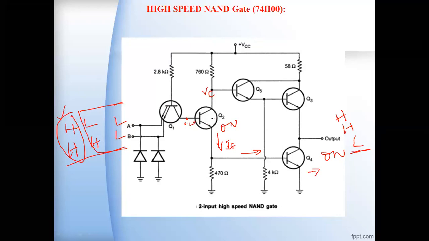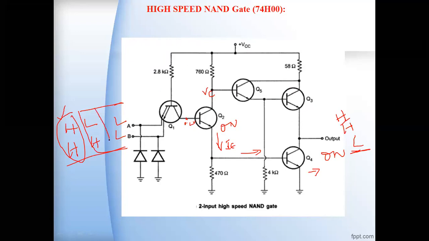So when Q2 is off, the collector voltage of Q2 rises to a higher value, approximately the VCC value, not exactly VCC, an approximate value. Because of this collector voltage, the transistors Q5 and Q3 will be turned on. So when Q3 is on, the output voltage is pulled up to the high state.